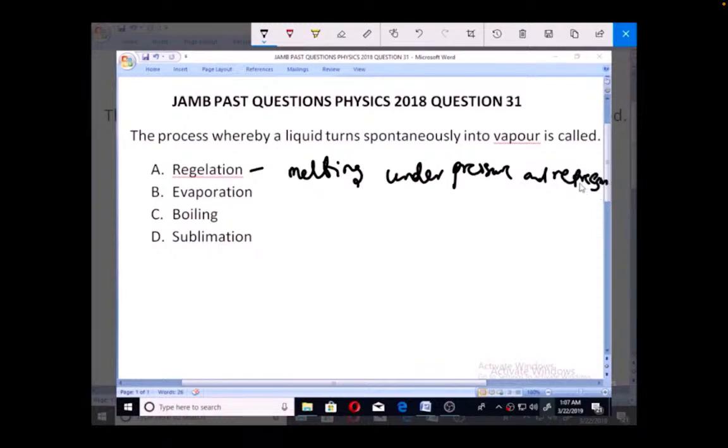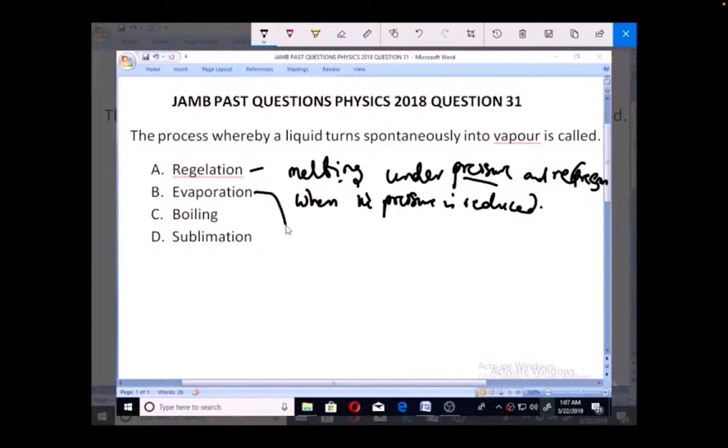So when there is melting and refreezing under pressure, whenever the pressure is reduced, regelation happens due to pressure. That is what regelation is.